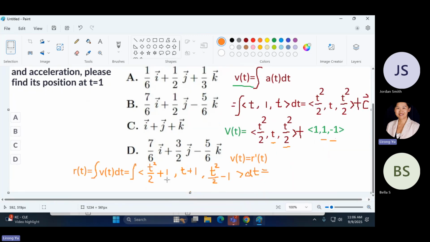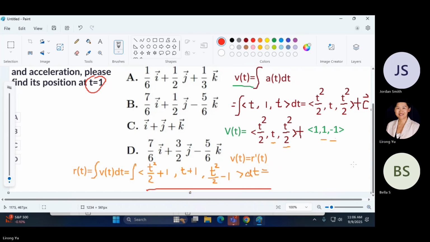So we don't have to worry about that. Finish integrating, and then the C should all be 0. Once you find the position function, you determine the position at t. So I'll let you finish integrating this. Once you finish, you make t equal to 1. That should be your final answer. So you finish the rest of the calculation on your own.